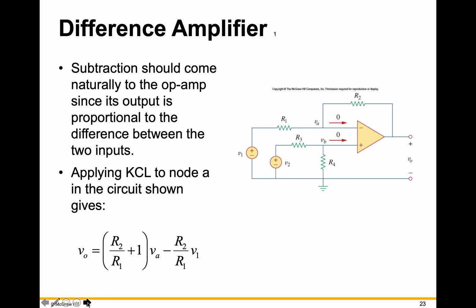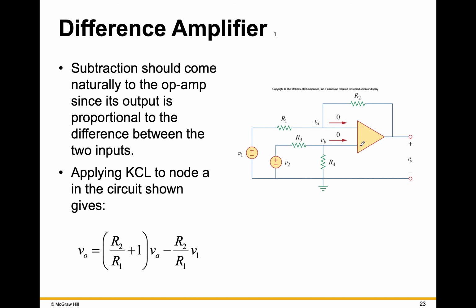Okay, a similar thing is the difference amplifier. In the difference amplifier, you have voltages V1 and V2. It is set up where V1 is like an inverting amplifier into the inverting input. V2 is a non-inverting amplifier into the non-inverting input.